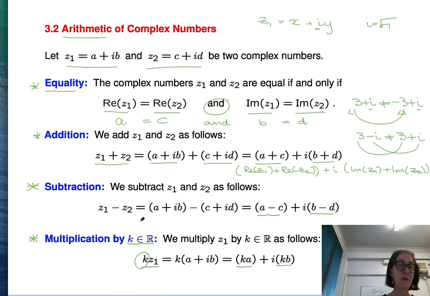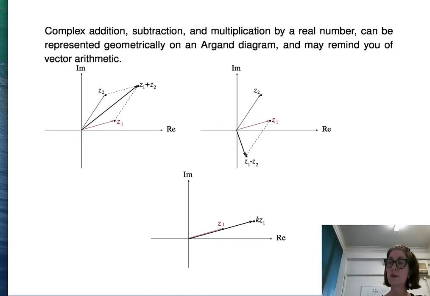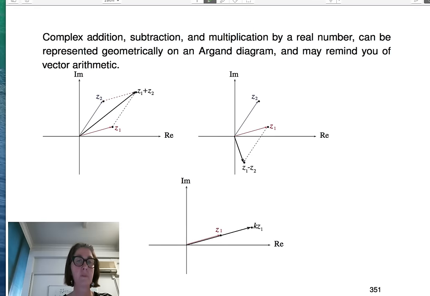So all of those operations, addition, subtraction and scalar multiplication, are pretty straightforward. Now I might just take you over to this slide, and we're going to see what happens if we represent our complex numbers geometrically in the Argand plane, or on an Argand diagram, and we'll see what happens when we add up two complex numbers, subtract two complex numbers, or multiply them by a scalar.